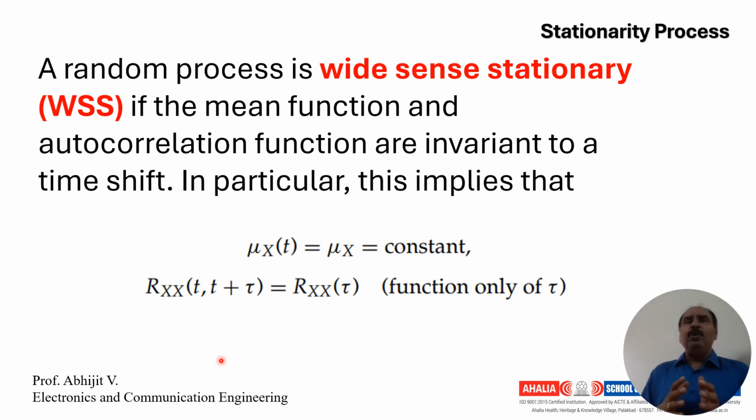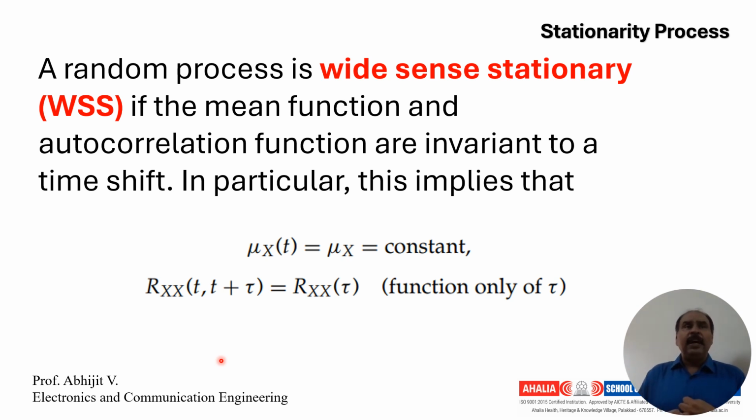Come on, can any one of you tell me what the two conditions are for a stochastic process to be wide sense stationary? First condition is that the mean function should be constant.